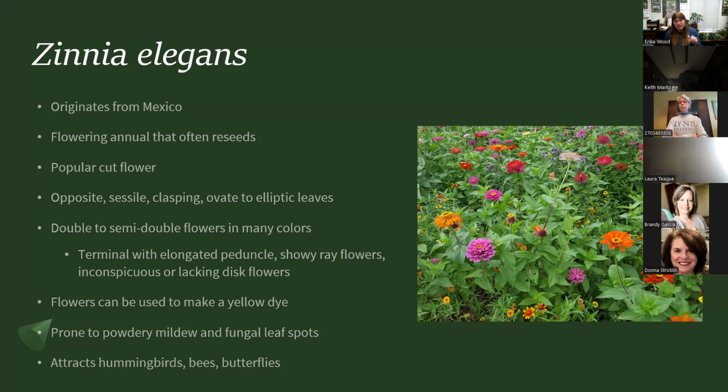Other times, if it's really in that double form, you may not see them as much. But a lot of times you have those yellow stamens that appear in the center, and they can actually be used as a natural dye as well.